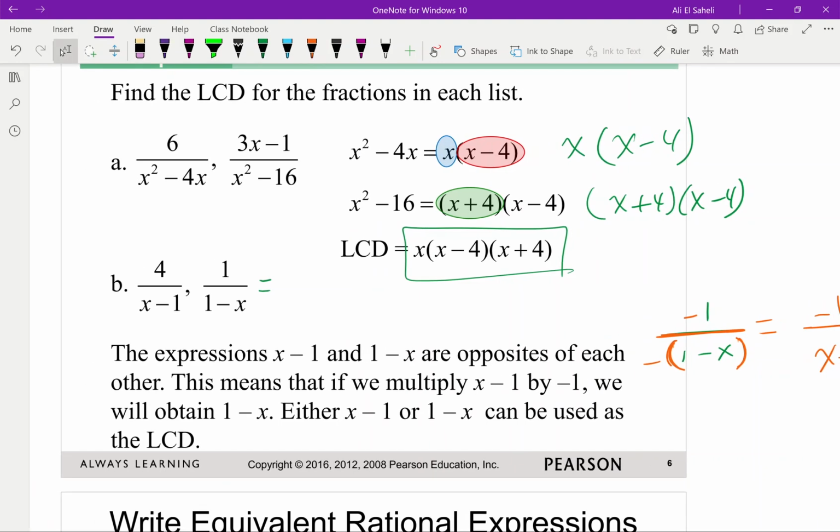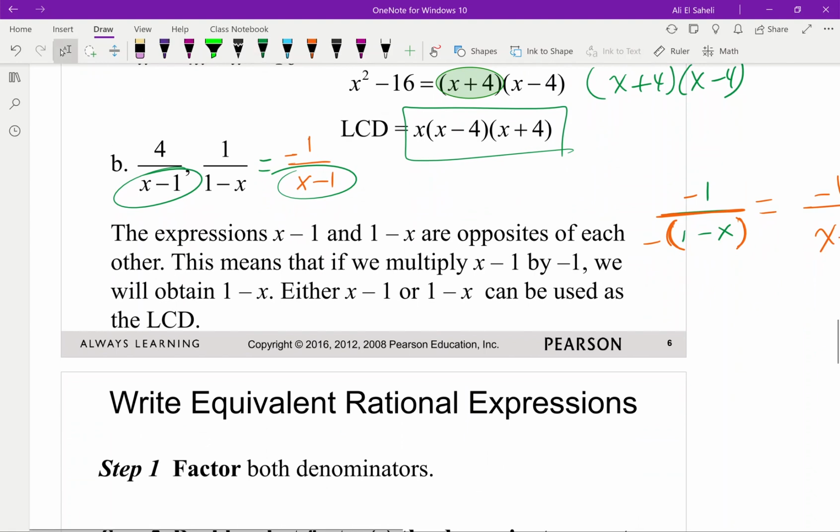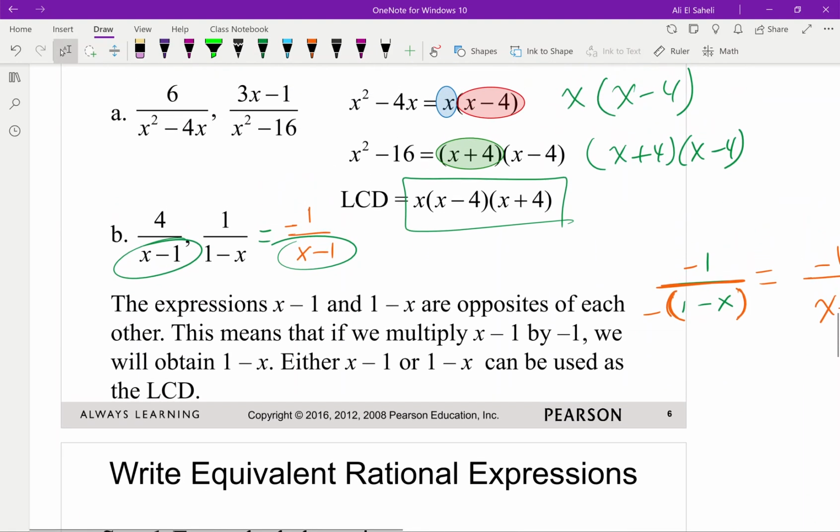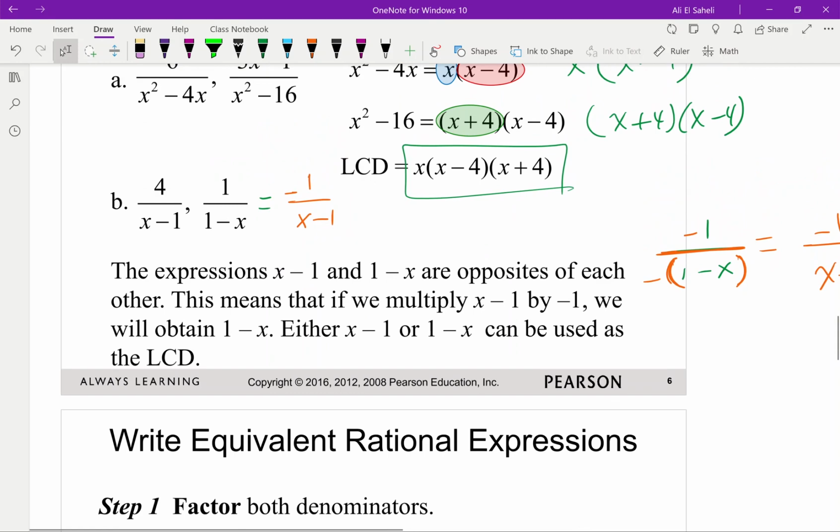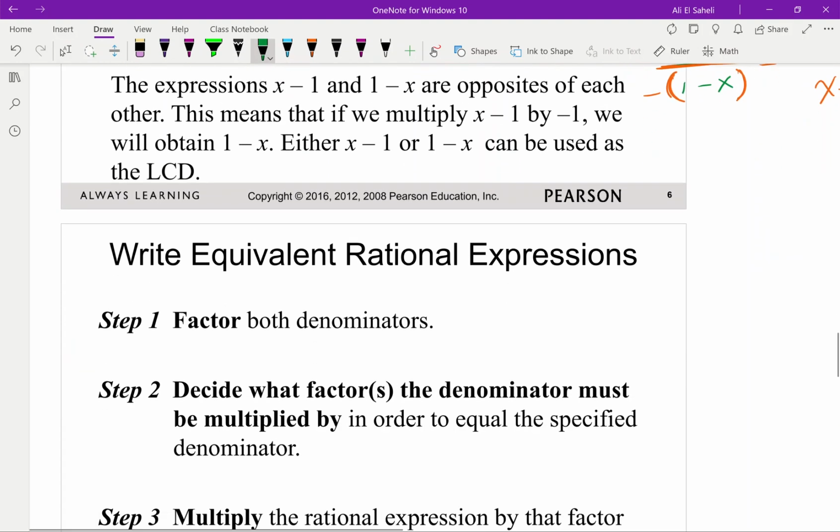So what we called before opposites. So this is minus 1 over x minus 1. So basically they have the same denominator, and this is their least common denominator. It can be used as the least common denominator. So this is already ready to be used. Remember, now here you're having a common denominator. You have the same denominator.